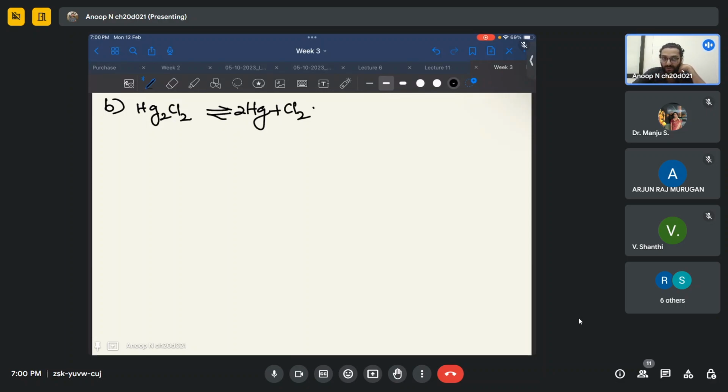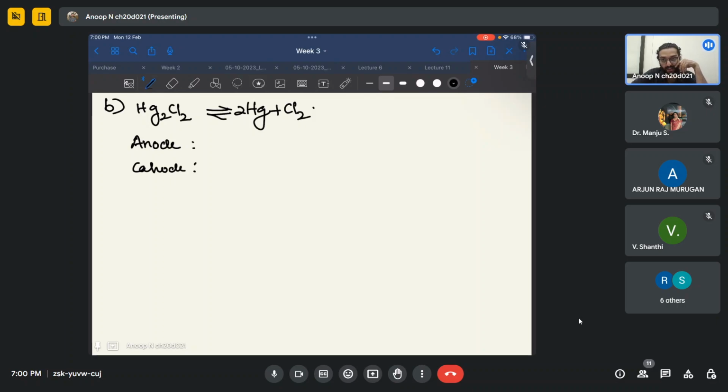Standard free energy only was asked, so E0 cell will be sufficient. So first write the anode reaction and cathode reaction. I'll give 2 minutes, then we'll discuss the reactions.